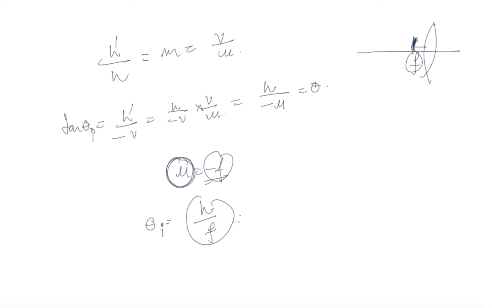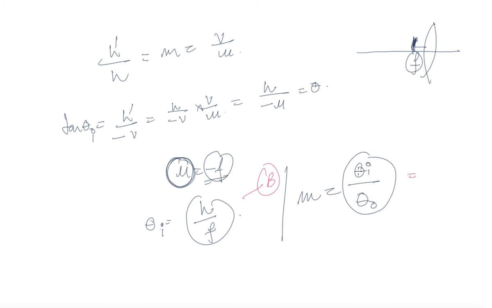So now finally, what is magnification? Magnification is nothing but theta I upon theta naught, which is equal to, if you put all the values from our previous slide, let this be equation b, and in the previous slide there was equation a.